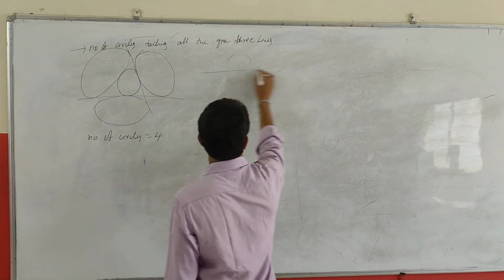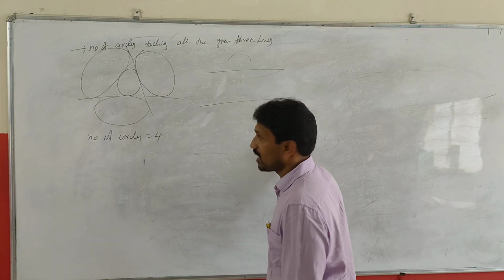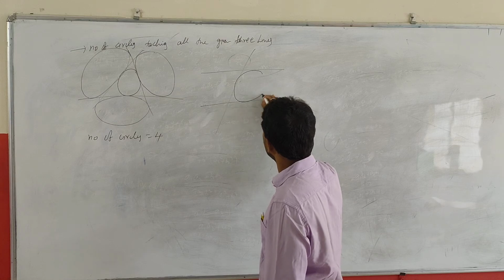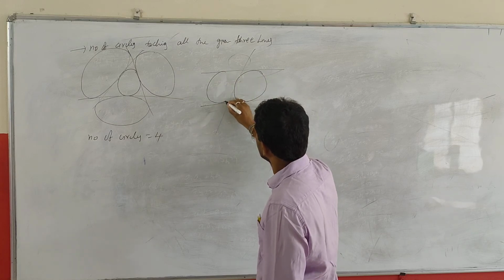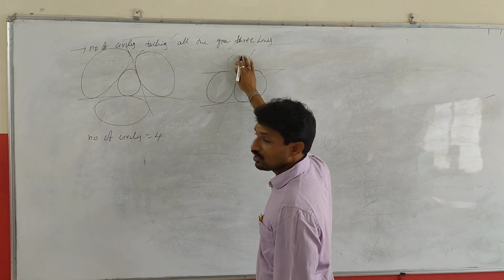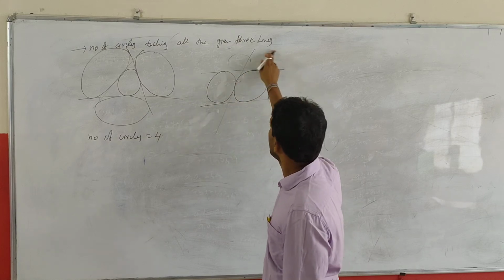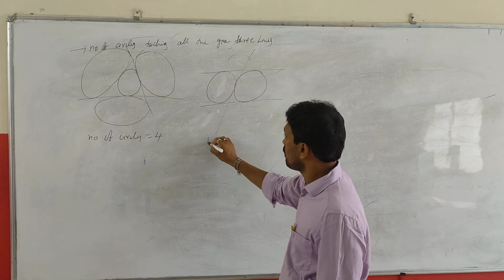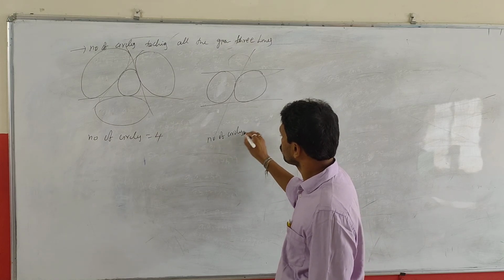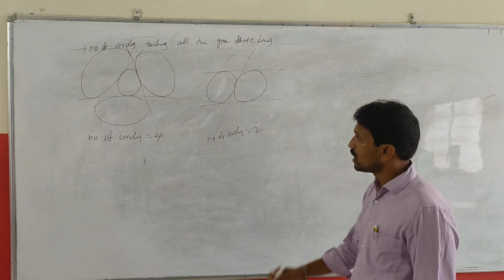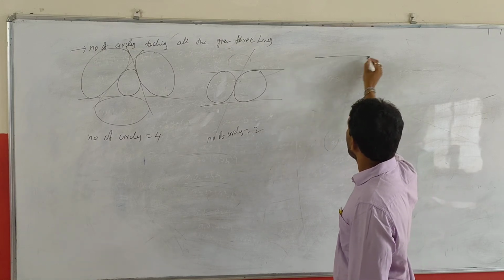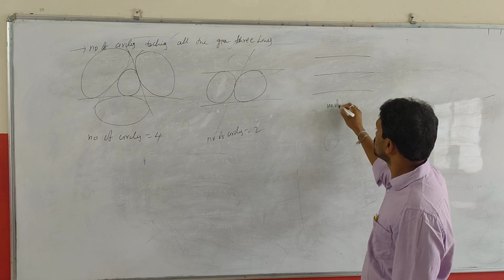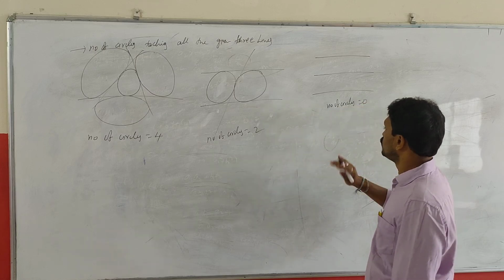Suppose two lines are parallel and one is a transversal. How many can we draw? We can draw only two, because if you draw a circle here, it does not touch the third line, and if you draw here, that one does not touch the third line either. So the number of circles is 2. Next, if all are parallel, we can't draw any, so the number of circles is 0.